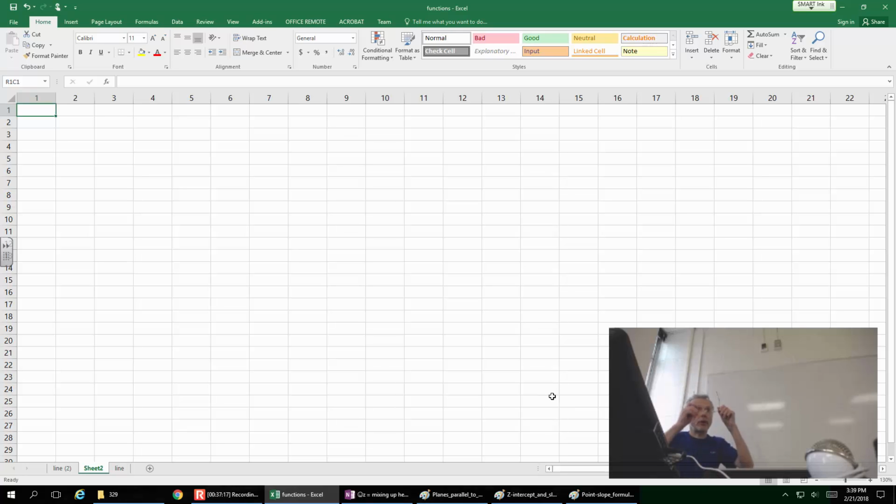Okay? So I want to collect data for my function of two variables. Okay, so remember what the input should be. So for the line, the input was a column. And here, what should be the input?